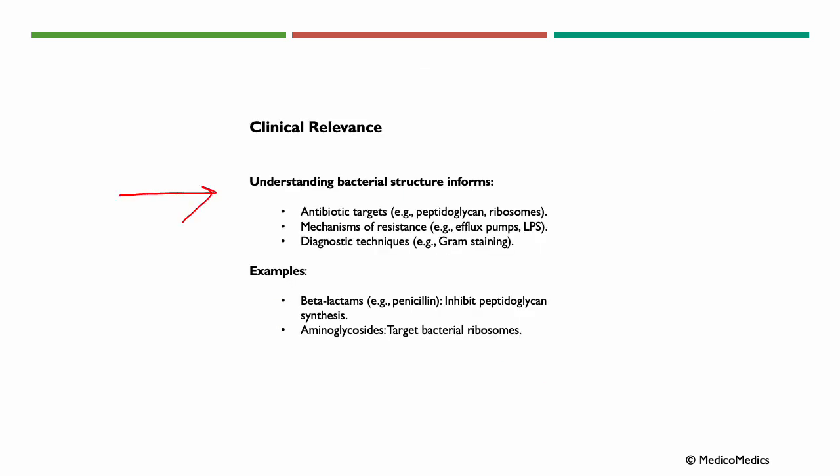Now, clinical relevance then. We've already touched upon a lot of these things before, but let's repeat. So understanding bacterial structure informs us about antibiotic targets. Peptidoglycan, are we targeting the layers? For synthesis, are we targeting the ribosomes?